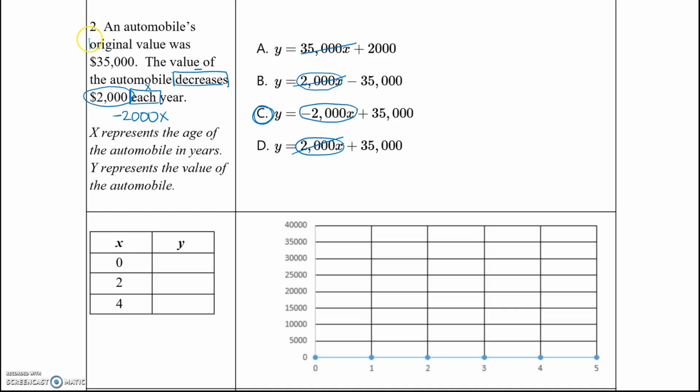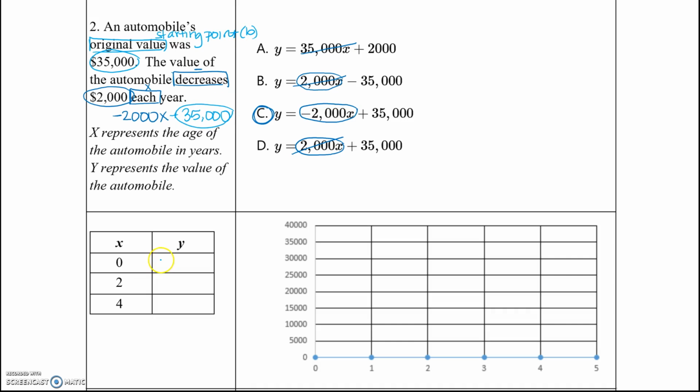It says the original value, right? So the original value is my starting point. So that is my B, my y-intercept. So with that being my intercept, I know I can add 35,000. Okay, so this one, you're going to go ahead and continue just like we did the last one. So we know that if we're adding the 35,000, we said that's our y-intercept.